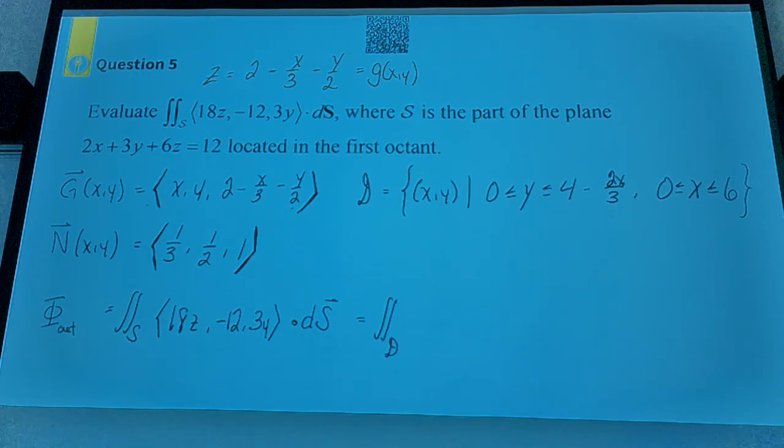Now double integral over our domain D of the vector field evaluated at G. G is 2 minus x over 4 minus y over 2. There's no x there, and x and y would both stay the same anyway.